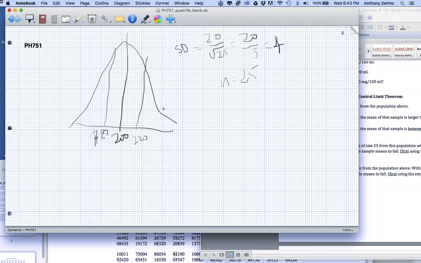Well, my sample mean, remember, is distributed differently than my population mean. So my sample standard deviation is going to be equal to 4.